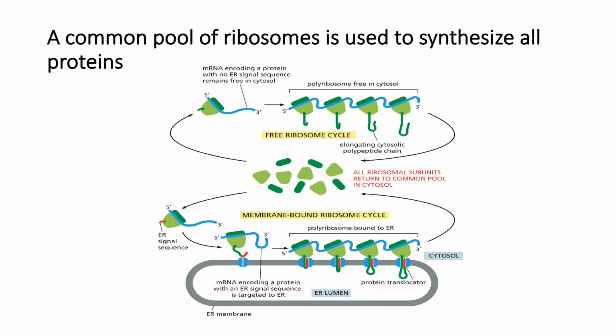You can see that happening. They call it a protein translocator. As synthesis is occurring, the protein is being pushed into the lumen of the ER. So this is referred to as co-translational transfer. So let's look at a little bit more detail.